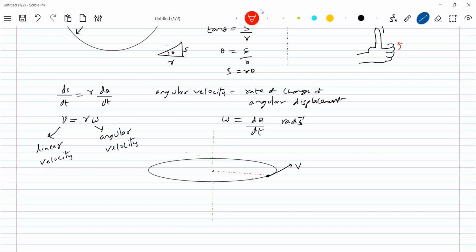This is the radius vector, and I'll call this the axis, about which it will be rotating. This value is r. What about omega? In vector form, v is given by v equal to omega cross r bar. There is a vector relationship. Based on this, I can show that omega will be directed along the axis.